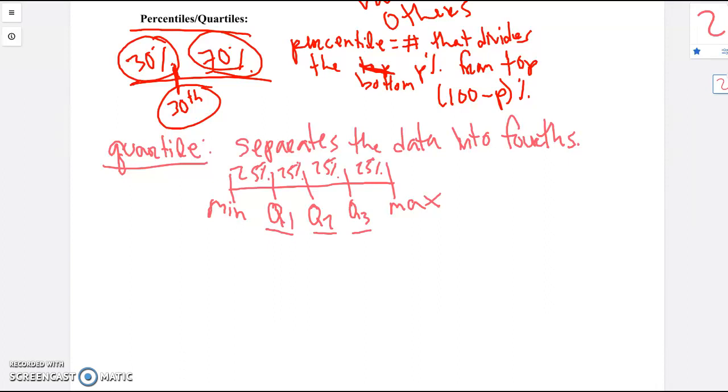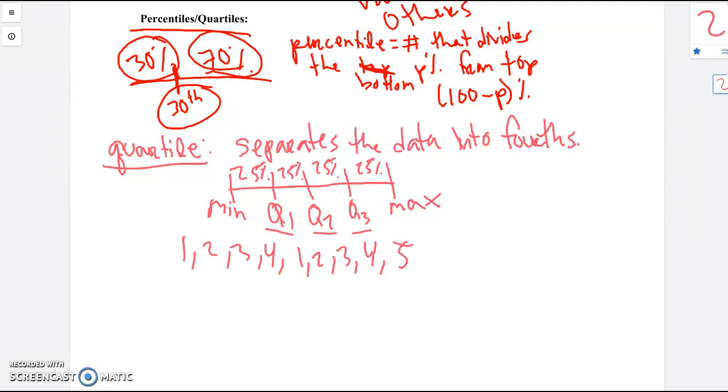Let's do a very simple example. Let's say we had 1, 2, 3, 4, 1, 2, 3, 4, 5. I made it up. The first thing we want to do when we find the quartiles, if you look at my little diagram, is order the data first.